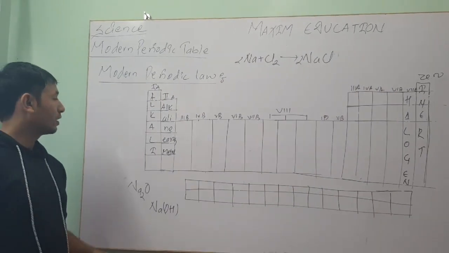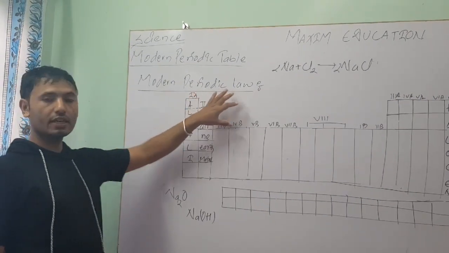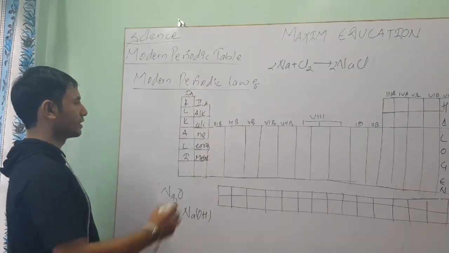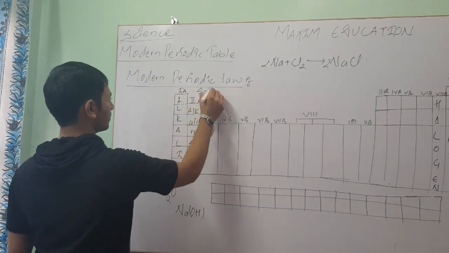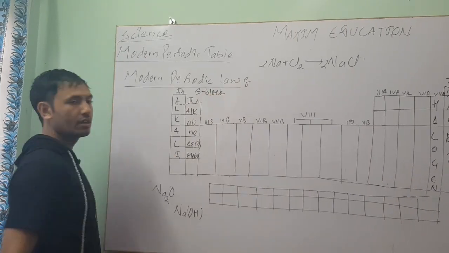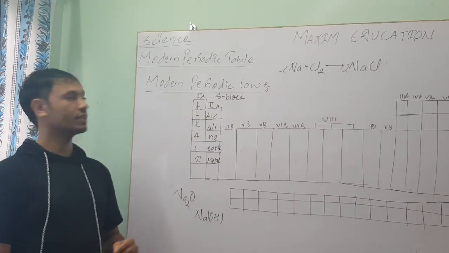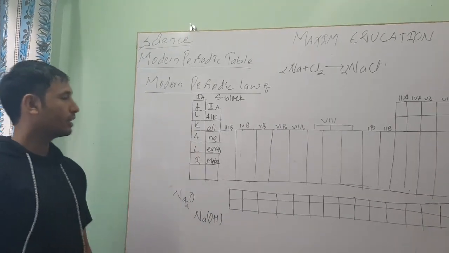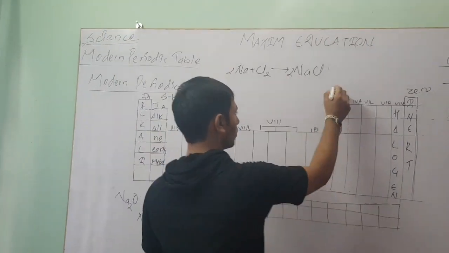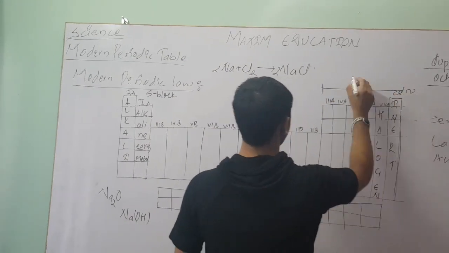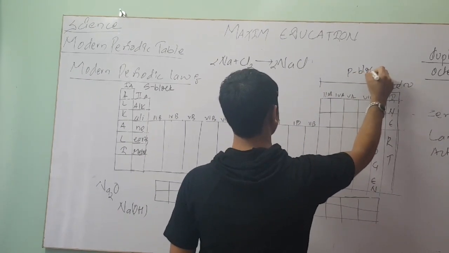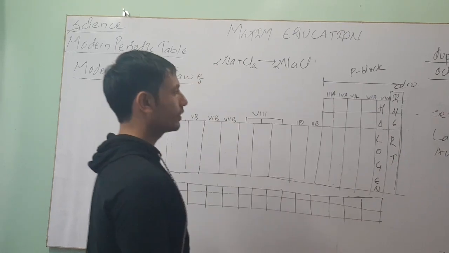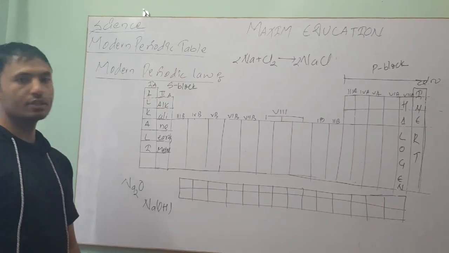Okay, the elements of group 1A and 2A are called s block elements, because their last electron is filled in the s subshell. The elements of groups 3 to 7 and 0 are called p block because their last electron is filled in the p subshell.